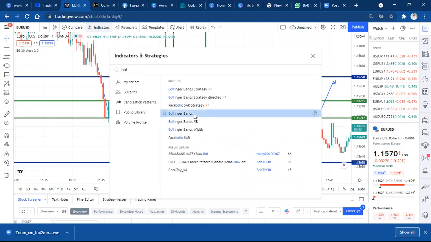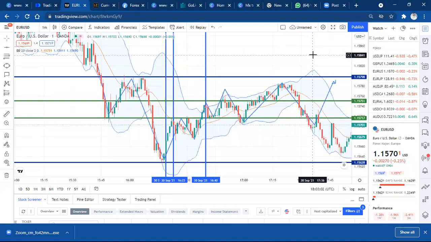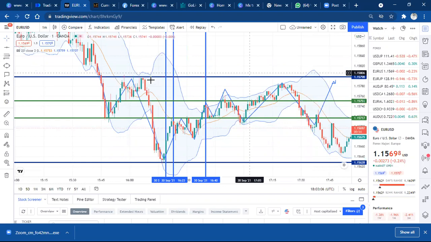Now, Bollinger Bands, unlike the indicators I showed you earlier, which focus on momentum, act like dynamic support and resistance. You know, these support and resistance lines that I drew, these blue and green lines, they are not dynamic, they are stable, they are there.